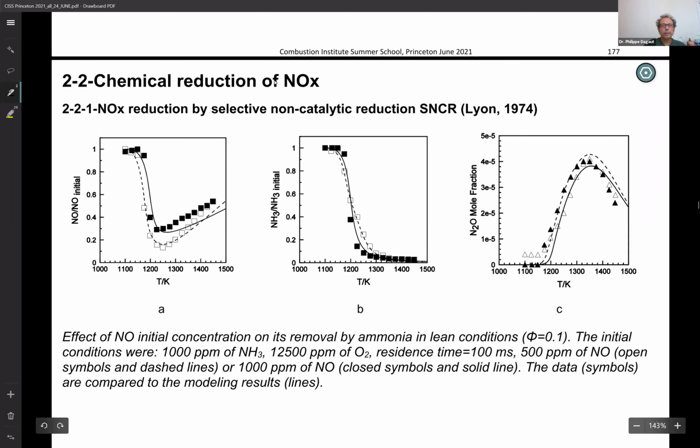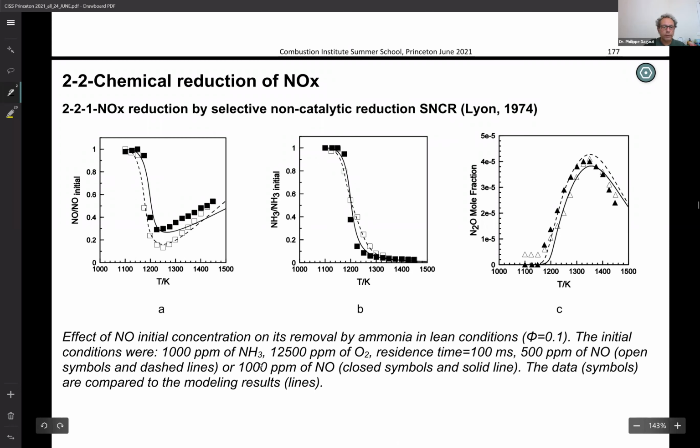Chemical reduction of NOx. So the first one is the selective non-catalytic reduction, SNCR, proposed by Lyon in 1974. On these plots, we show the effect of NO initial concentration on its removal by ammonia in fuel lean conditions, very lean conditions.